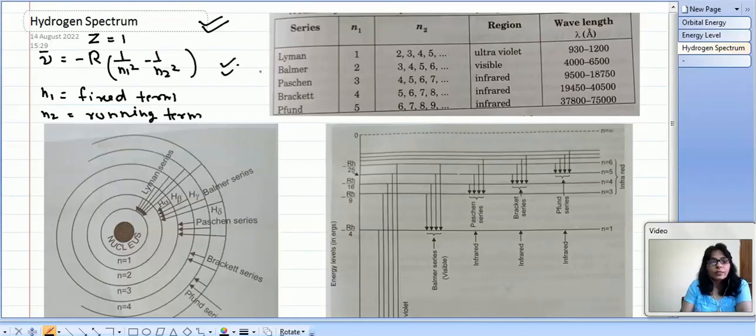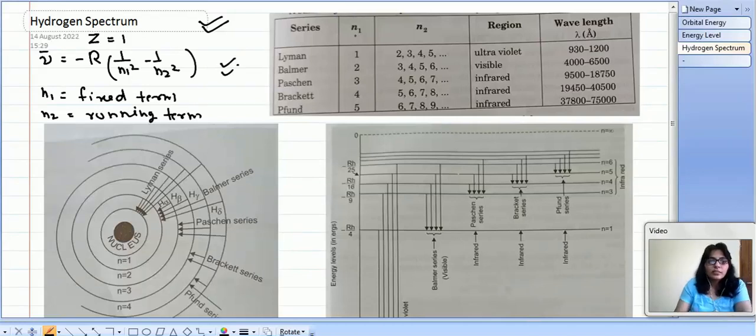If we choose another atom, then we cannot use the same names for the series, although there will again be these same orbits n is equal to 1, 2, 3, 4 with a different Z value. The values will be different, and the series name will also change. It will not be Lyman, Balmer, Paschen, Brackett, Pfund. There will be different names for those atoms. So for the hydrogen spectrum, the terms are Lyman series, Balmer series, Paschen series, Brackett series, and Pfund series.